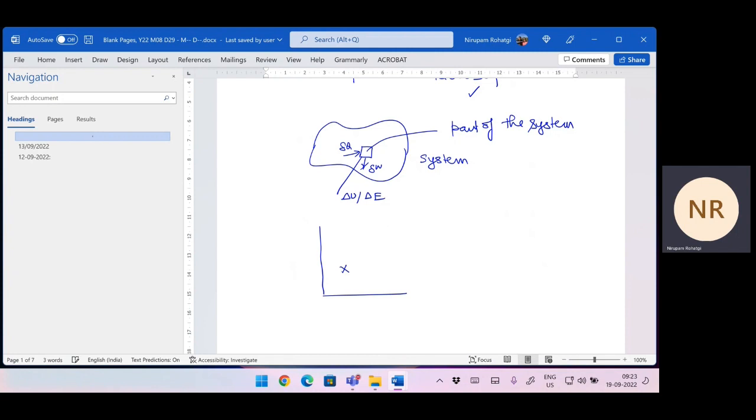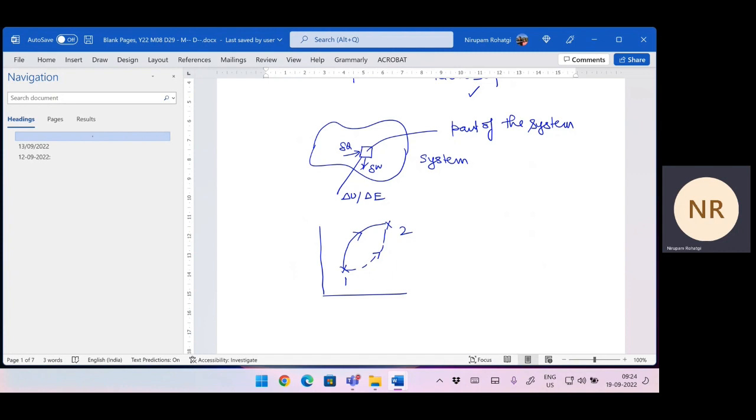We want to move from state 1 to state 2. In one case it is a quasi-static process, and the other path is a non-quasi-static process, which is shown by a dotted line. When it is shown by a dotted line, it means that on this path we don't know the state. When it is shown by a complete thick line, it means that at all the points the state of the system is known. That is the difference.